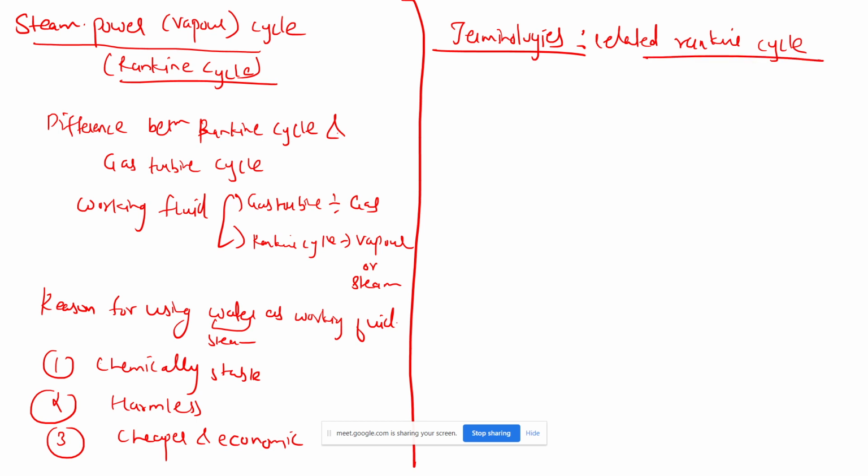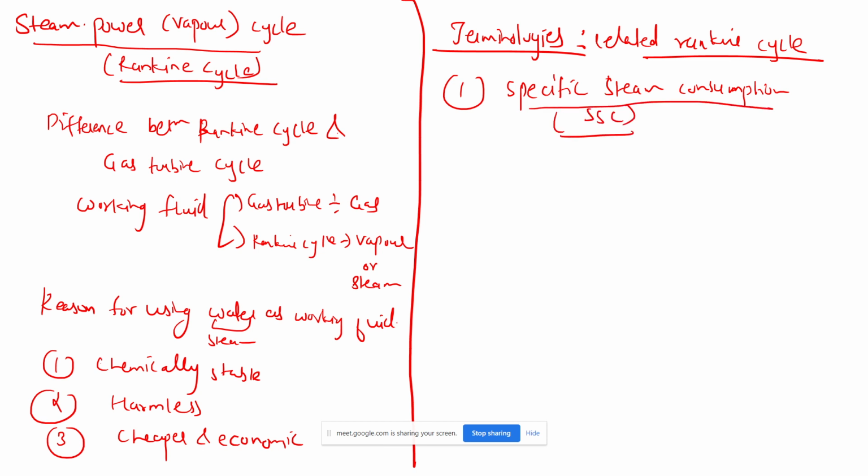Okay. First one is the specific steam consumption, that we use SSC to denote.